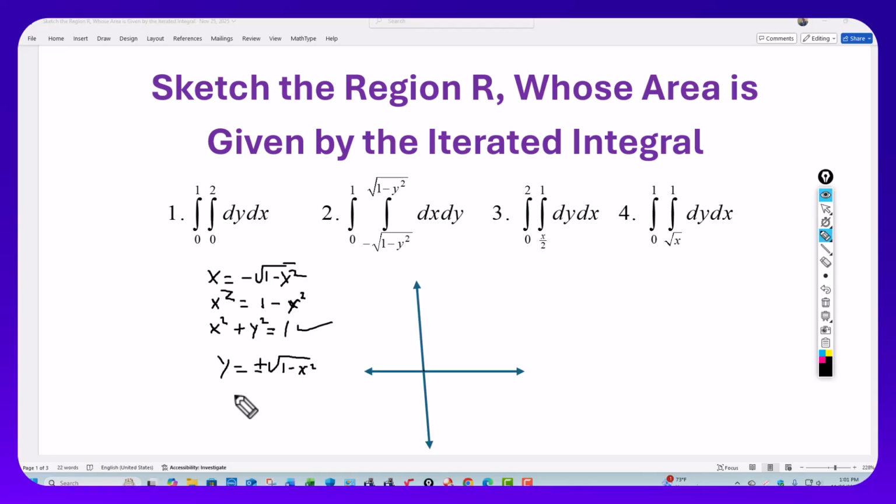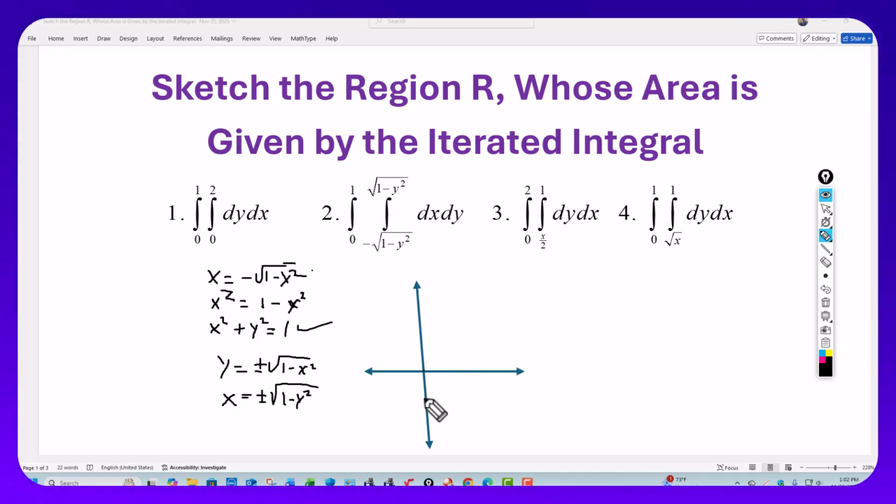Y equal to the positive square root of 1 minus x squared gives me the upper half. If I put a minus, that gives me the bottom half. Now if I solve for x, I get this one here with a y, and I put plus or minus the square root of 1 minus y squared. The positive value gives me the portion on the positive side of the y-axis over here, and the negative gives me the other half on the negative side. So x is going from minus the square root of 1 minus y squared to plus the square root of 1 minus y squared.